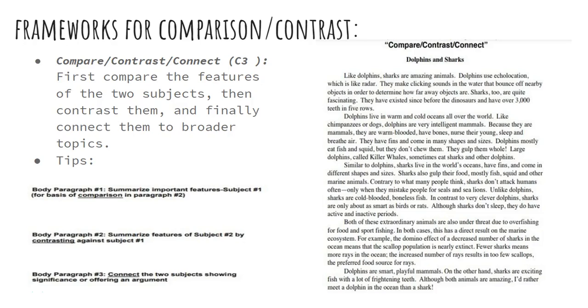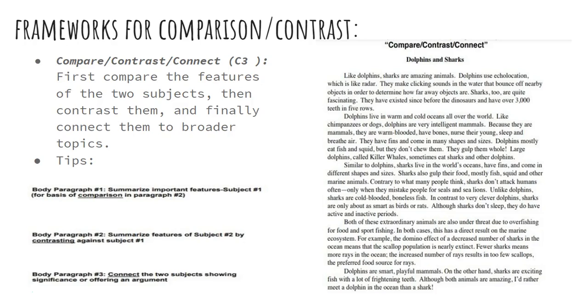So body paragraph 1 will summarize the important features of subject 1. And then body paragraph 2 will summarize the features of subject 2 or author 2 by contrasting it against subject 1. So, for example, let's say in your first body paragraph, you want to summarize how Anna Quindlen used diction.